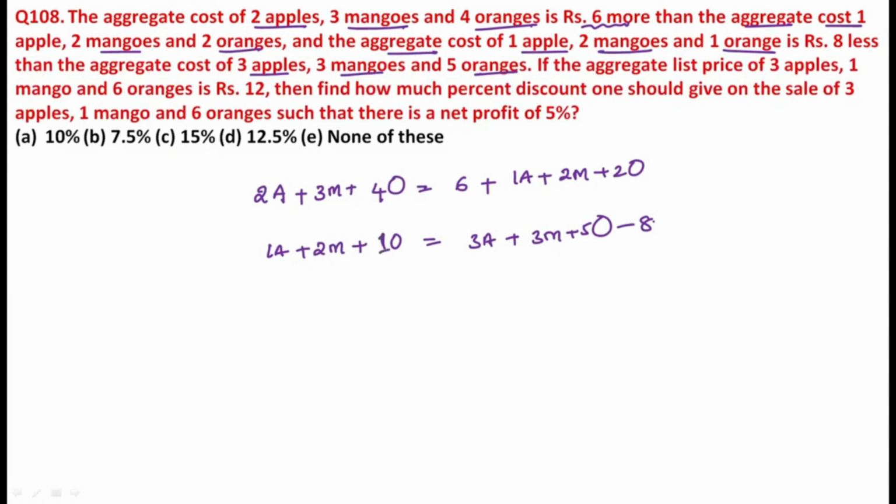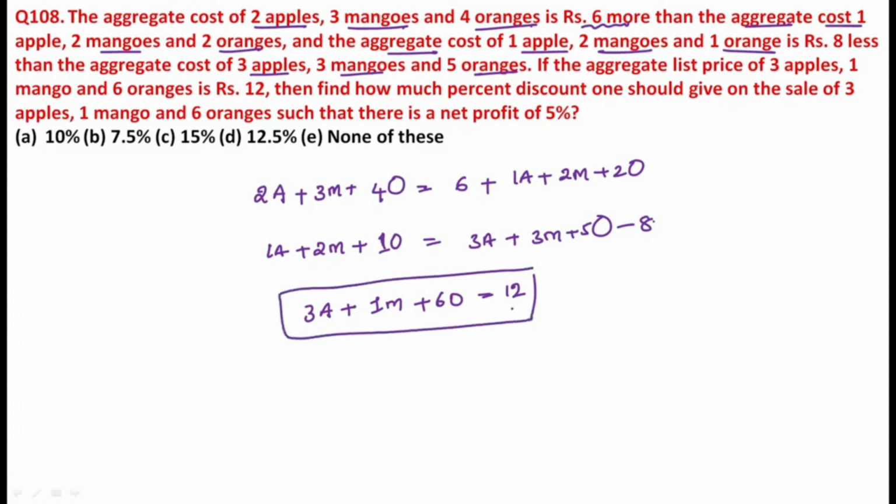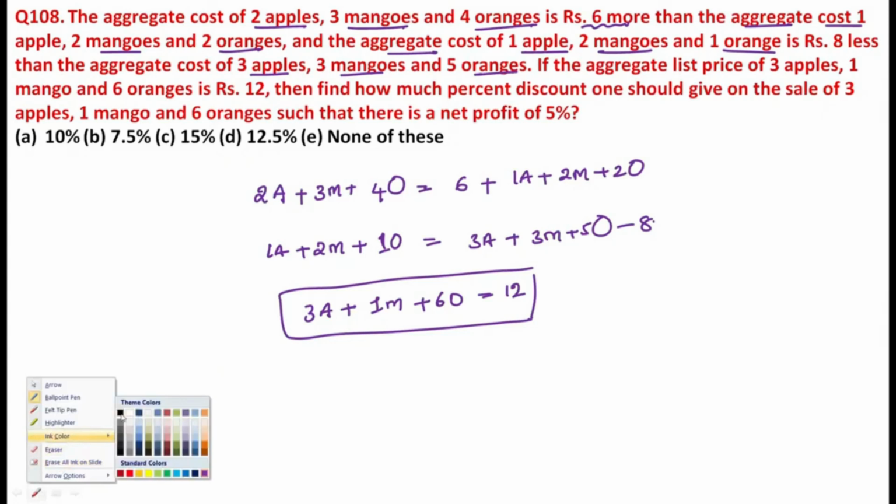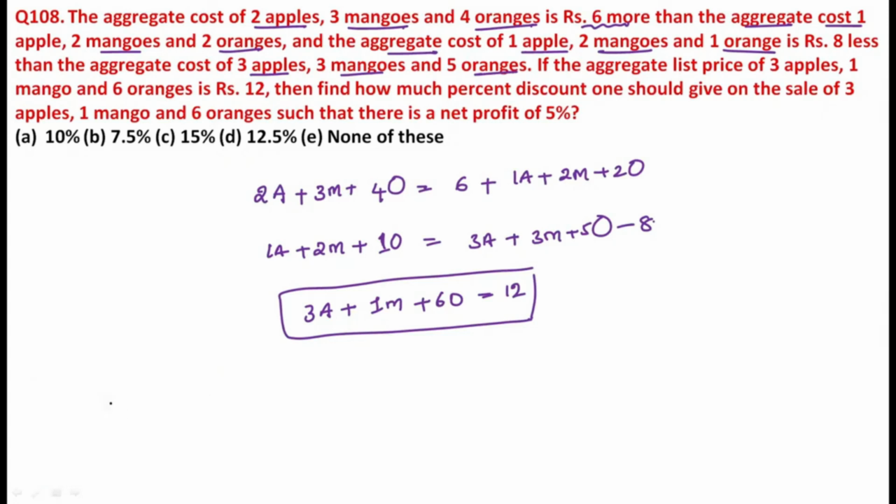Now, if the aggregate list price of 3 apples, 1 mango, 6 oranges is 12 rupees. They gave us one piece of information here. Now, how much percentage of discount one should give on the sale of 3 apple, 1 mango, 6 oranges such that there is a net profit of 5%. You need to understand the statement.